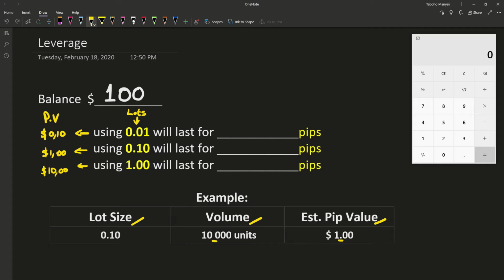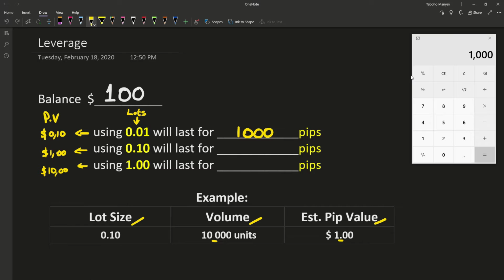If I calculate it here, we'll take $100 divided by the pip value, which is 0.10, so that equals 1,000, which means that this account will go for 1,000 pips before you blow it. Or if you go 1,000 pips in profit, it means you'll double your account, so you'll have $200 in your trading account.